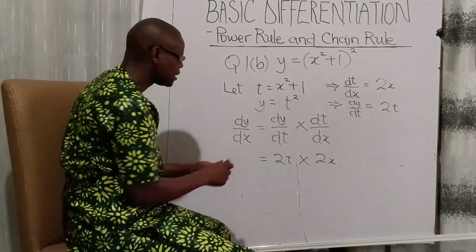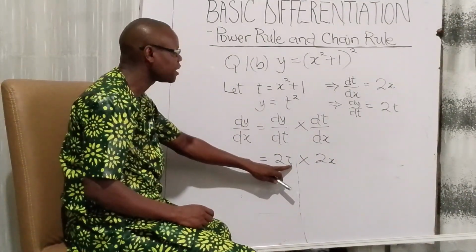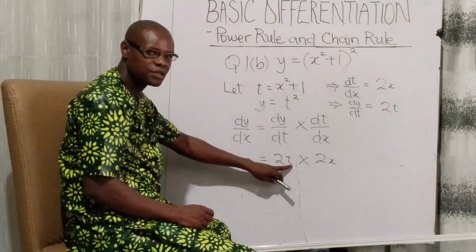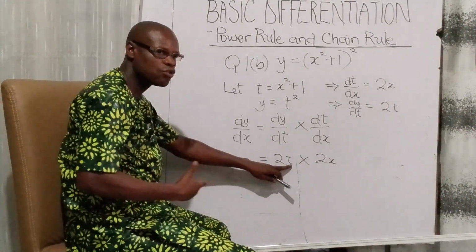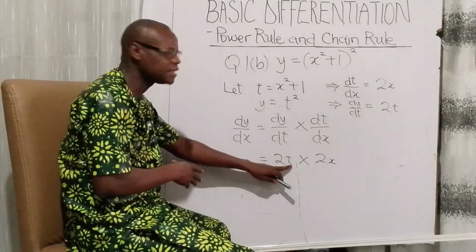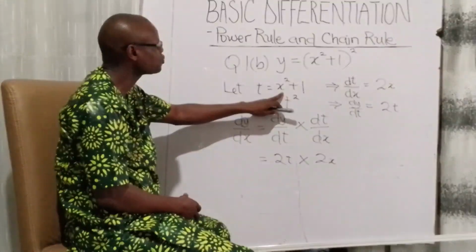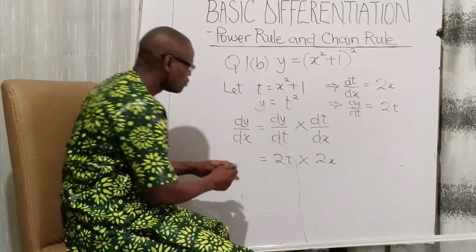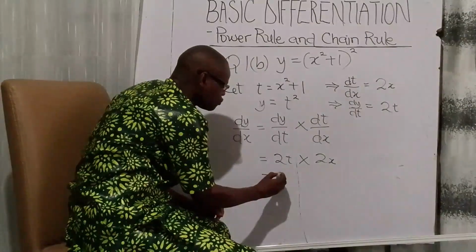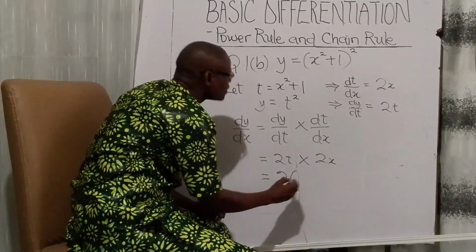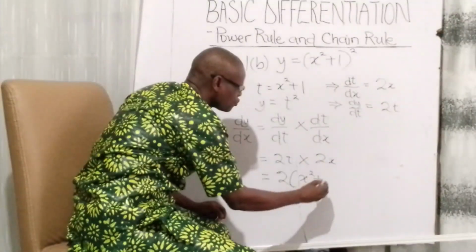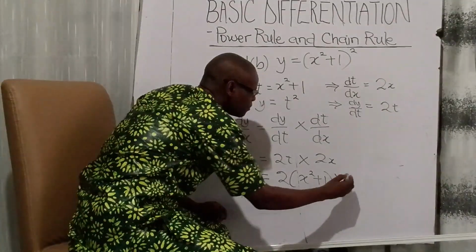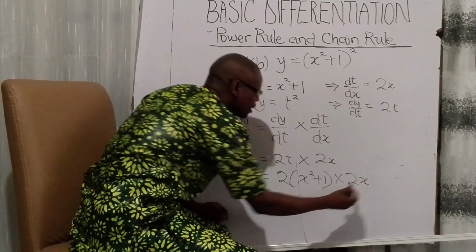But don't forget that t is never part of our equation, and we are the one that introduced t. So we have to substitute back what we have for that t. So our t here is x squared plus 1. So we eventually have 2 into brackets x squared plus 1 multiplied by 2x.